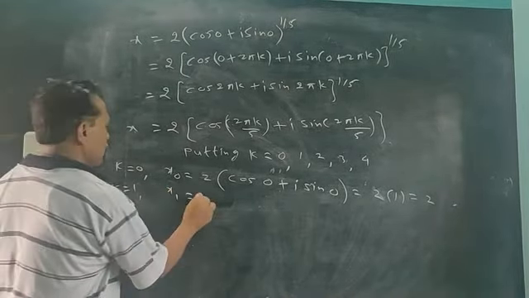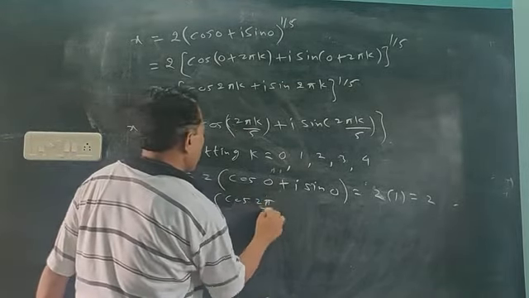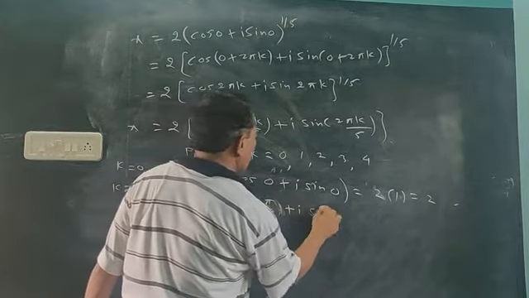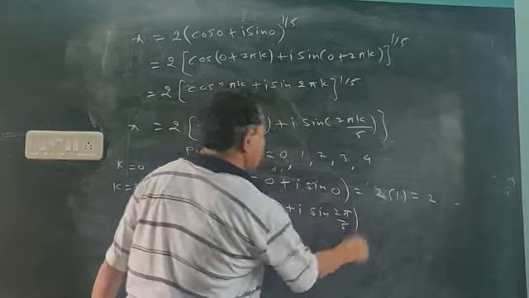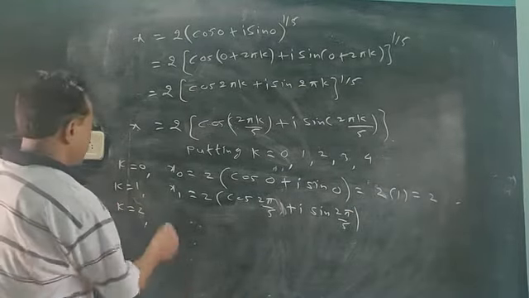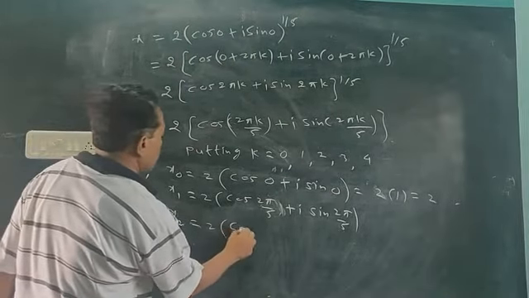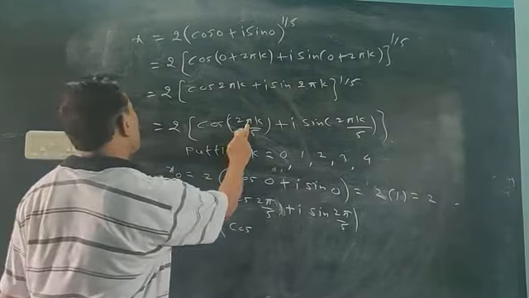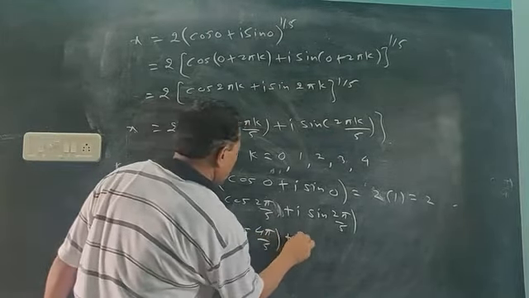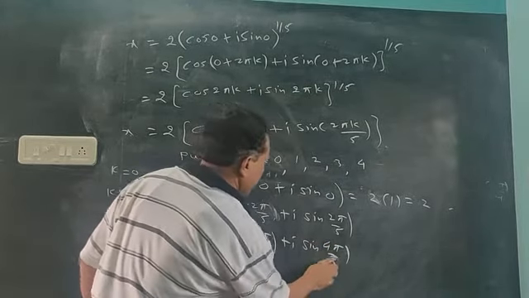K equal to 1: cos of 2 pi by 5, I sin 2 pi by 5. K equal to 2, x2: 2 times, 2 into 2, 4 pi, cos of 4 pi by 5, I sin 4 pi by 5.